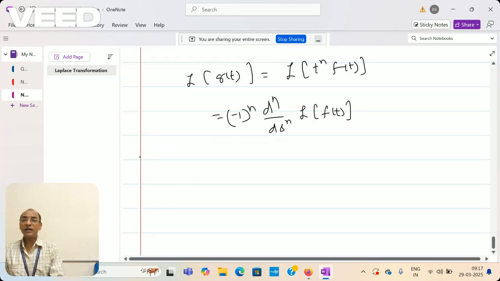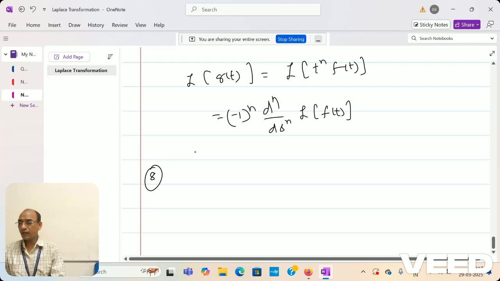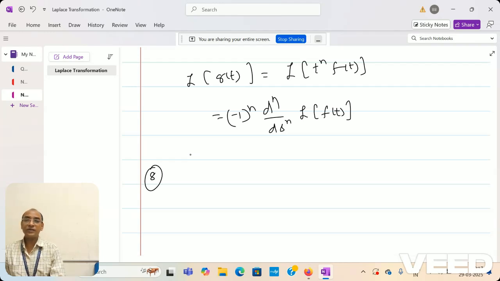Then I will take another type of function. Suppose in place of t, I have g of t equal to f of at, that means a into t.